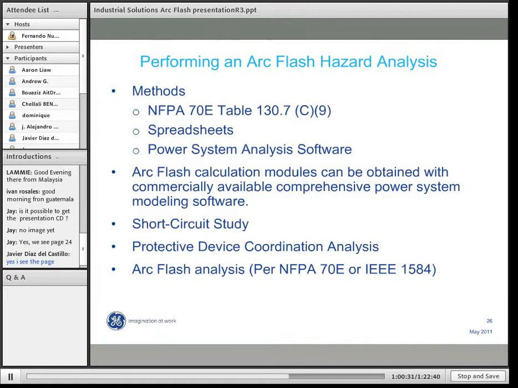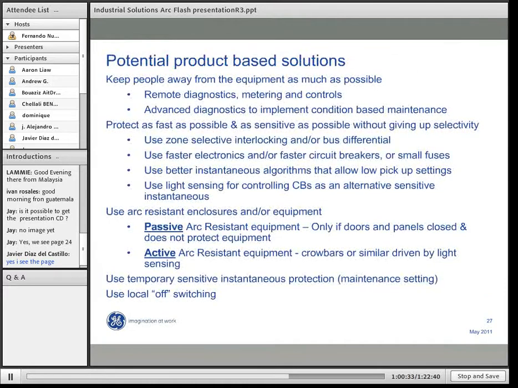So here, the next few slides talk about product-based solutions. That is, okay, we're not just going to put labels on things and wear personal protective equipment. We're going to improve our power system by putting in devices that will reduce the hazards or eliminate the hazards.